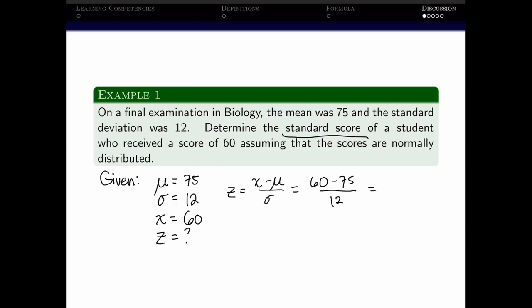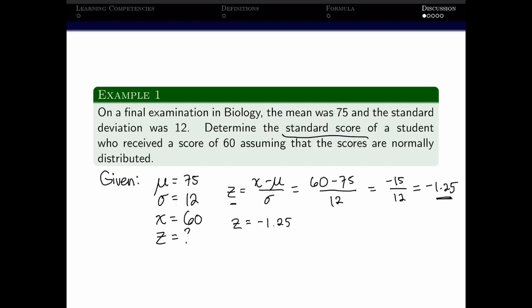And this is equal to negative 15 over 12, which is equal to negative 1.25. So Z is equal to negative 1.25.